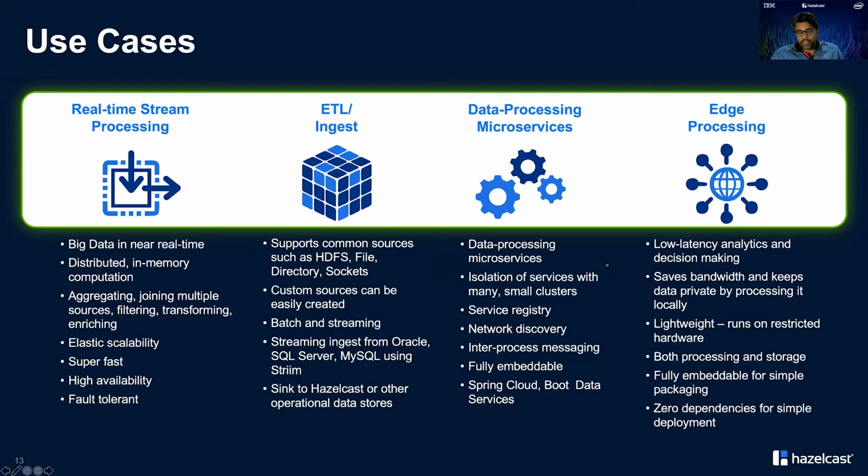There are many customers that use Hazelcast in that capacity, where several thousand sensors are connected to multiple edge devices, and each edge device has a Hazelcast cluster running inside. Each edge device receives data from hundreds of thousands of sensors, processes it, does some initial aggregation, and then sends the aggregated result to the backend center. So all those things can be done with Hazelcast pretty nicely and easily.